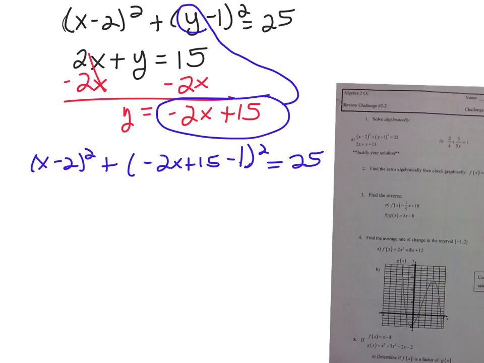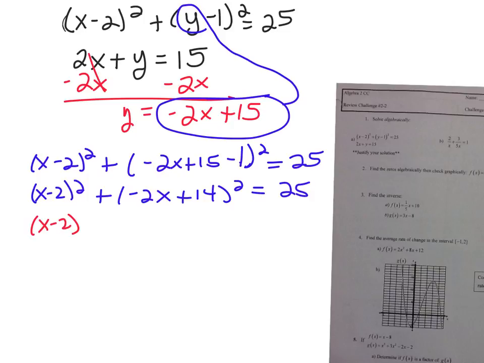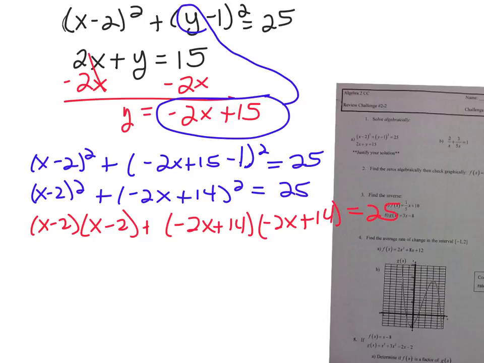Okay, so I have (x - 2)² + (-2x + 14)² = 25. We should all know what to do with (x - 2)² and (-2x + 14)². We have to double distribute. So (x - 2)(x - 2) + (-2x + 14)(-2x + 14) = 25.